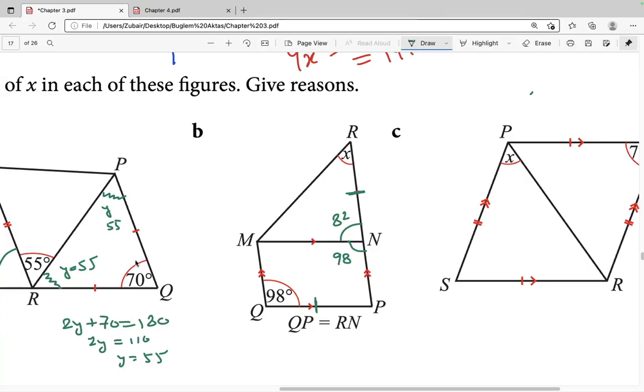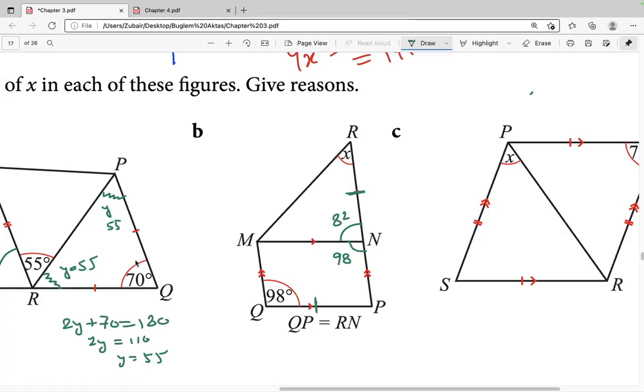That is easy. Just have to observe the shapes. You want me to do it?